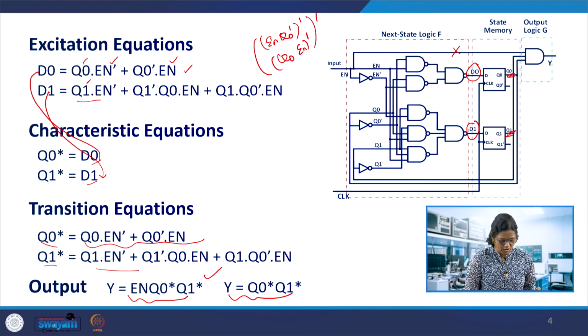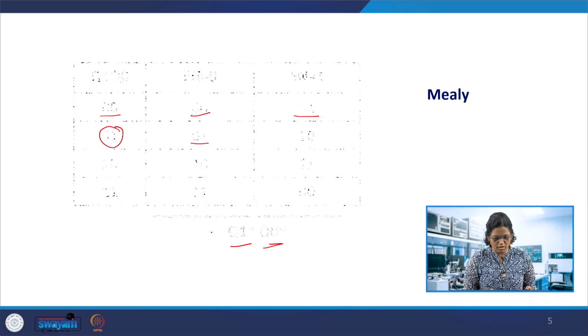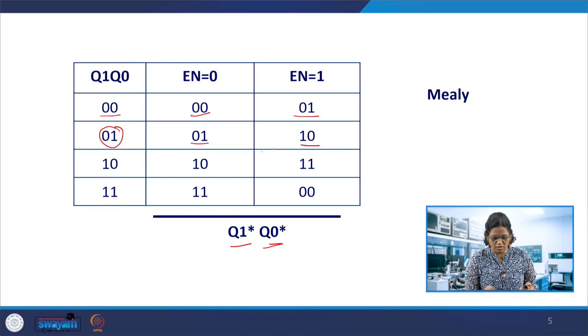In this equation, Q0 and Q1 are 0 1, and enable is 0 or enable is 1. For these 2 conditions, what should be the output? So, we get different states for different combinations. We call this the present state, and this is going to be the next state. Okay, so 0 0 will be the next table. This is enable 0 and enable 1.